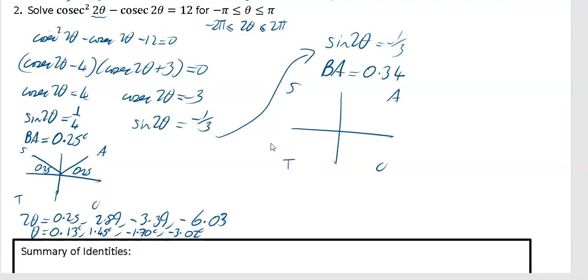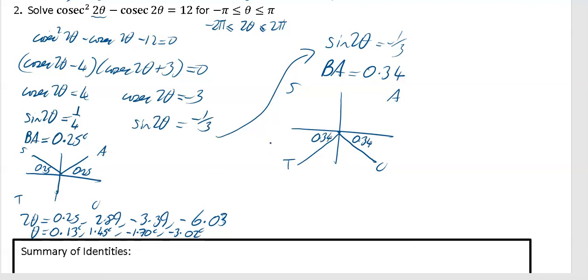Sine is negative, so it goes in here and in here. So is that right? Yep, it is indeed. So my sine's negative, so it's going in here. And in this case then, we're marking that in as 0.34 and 0.34.